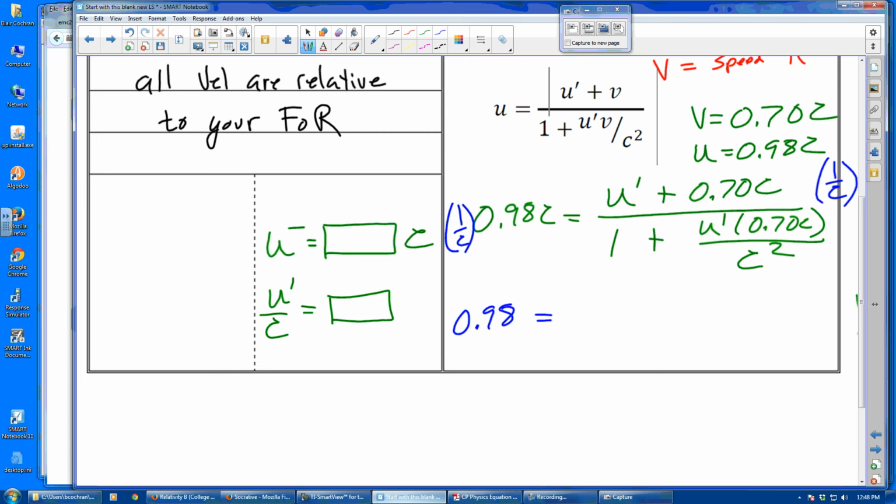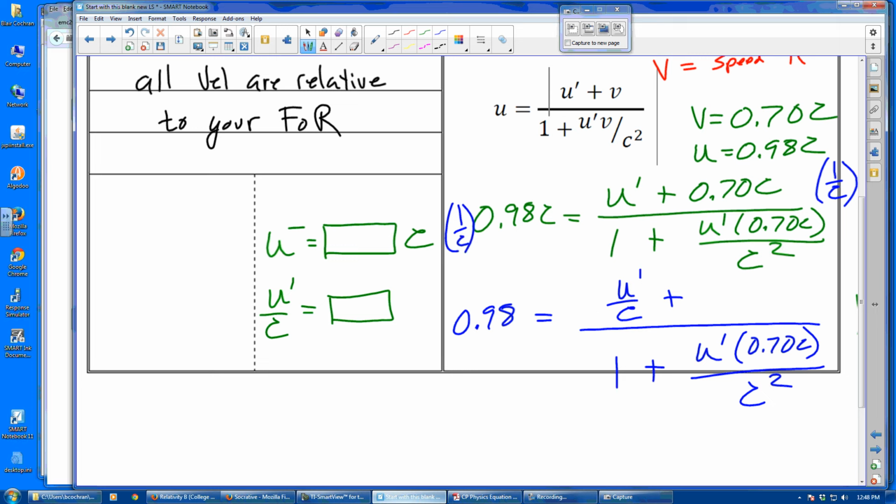This isn't going to affect the bottom at all, so I'm just going to write that again. At the top, 1 over C times U prime is U prime over C, plus the 0.70 C times 1 over C is 0.70. Remember, the C's will cancel.